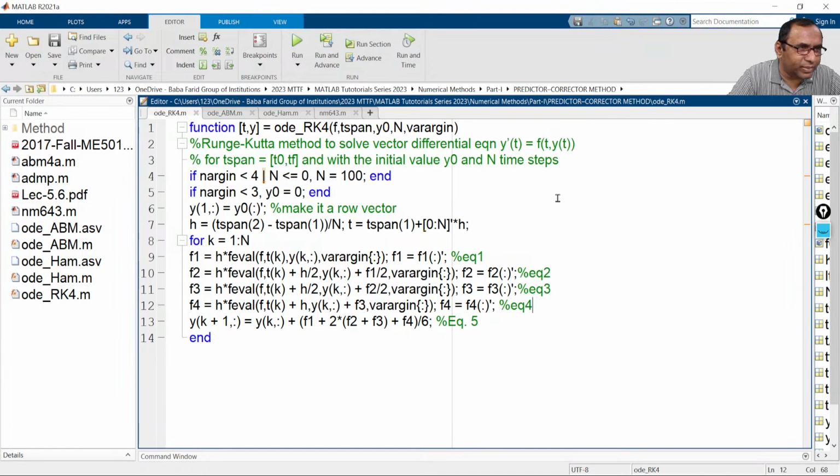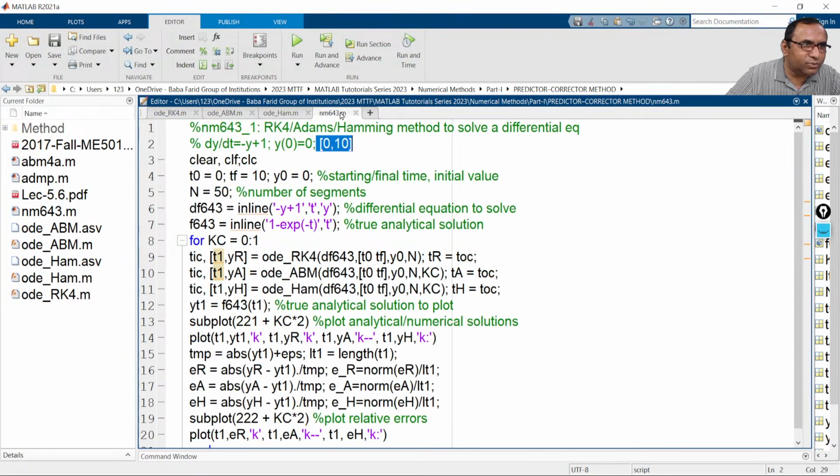So the most important thing is we want to apply the Runge-Kutta fourth order method for this differential equation, and f(t, y) is equal to this one. Okay, this is the differential equation. So this is the f function.